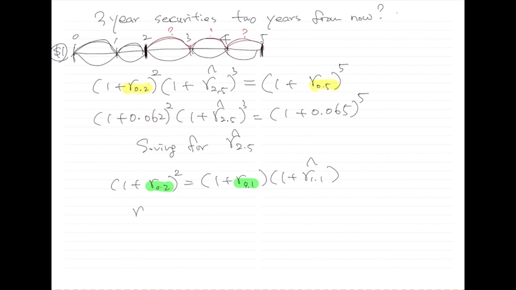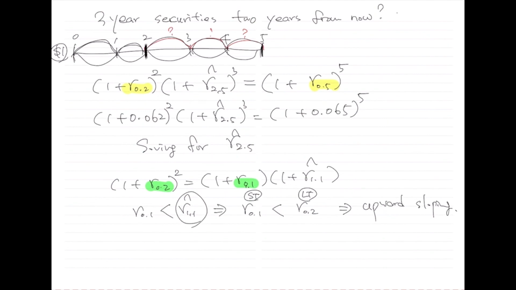So R01, R11 hat, if larger than this, R01, R02. This is the short-term and long-term rates. In this case, it is upward sloping.